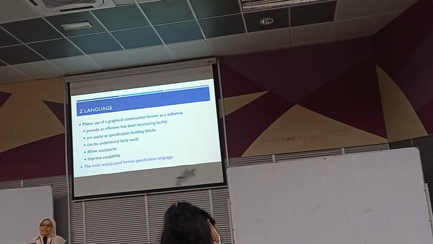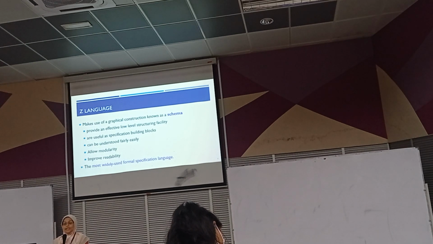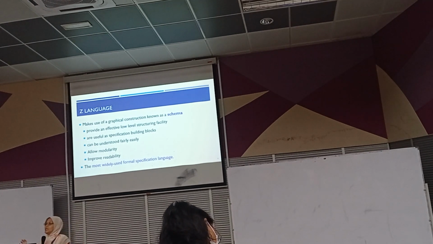Inside the Z schema, you can show your state spaces. You can show the initial state, you can show operations and so on using the same symbol. We call that symbol a schema.